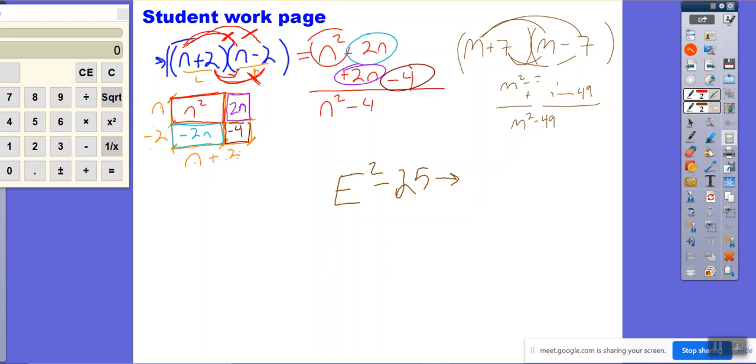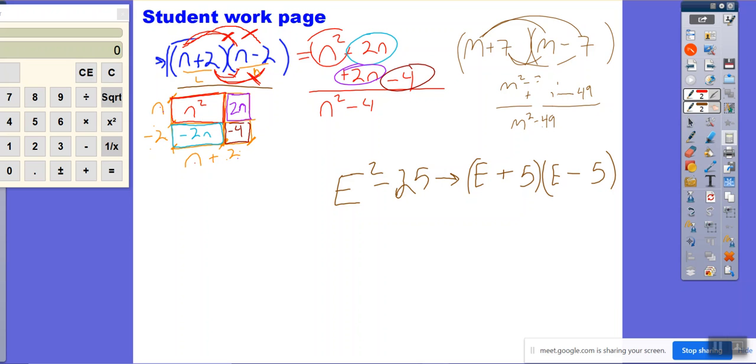So, since e to the second is e times e, and 25 is 5 times 5, it'd be e plus 5 and e minus 5. There we go. And this is for a special case of differences of squares.